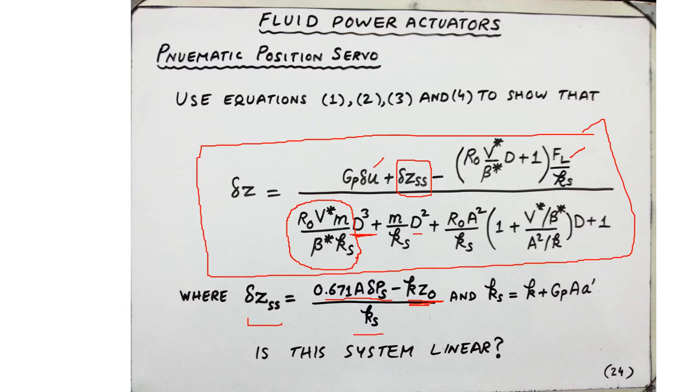One thing that is problematic here is this term being non-zero. If we want to develop the transfer function of a linear system, then this whole term must go to 0.